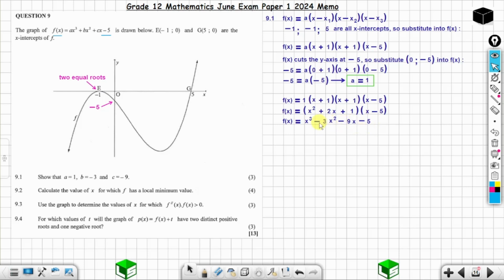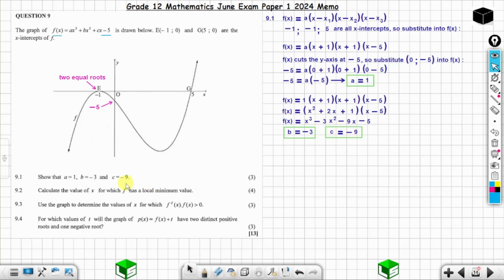Now you can see a is equal to 1, b is equal to -3, c is equal to -9, and d is equal to -5. Okay, so b is equal to -3 and c is equal to -9.